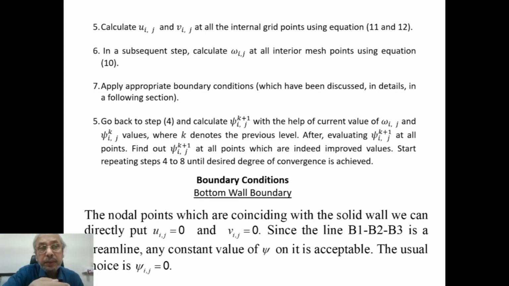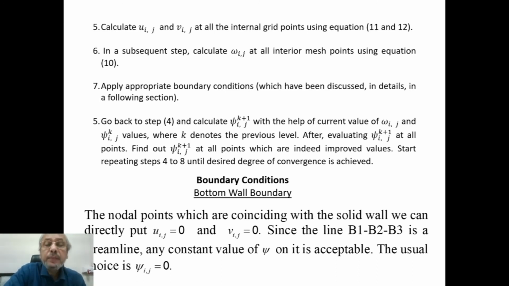We apply the boundary conditions and check whether psi has changed or not, through some comparison of psi at the previous level and psi at the new level, or omega at the previous level and omega at the new level, and till we get the desired convergence, we keep on doing the iterations.